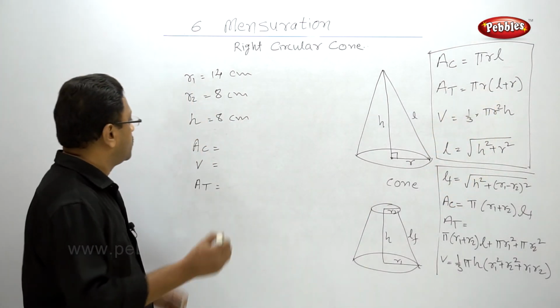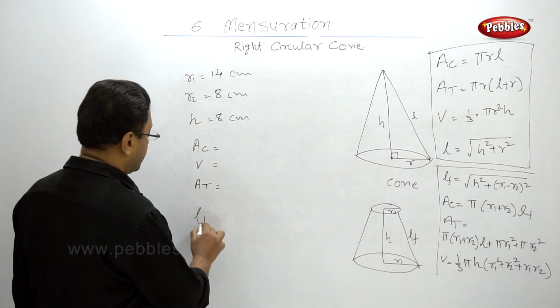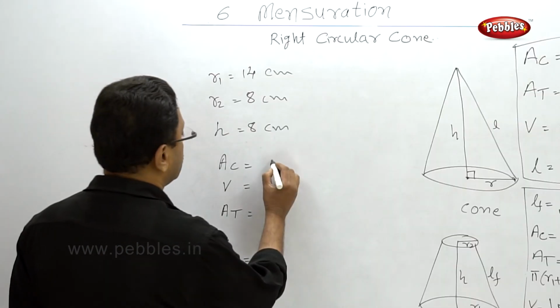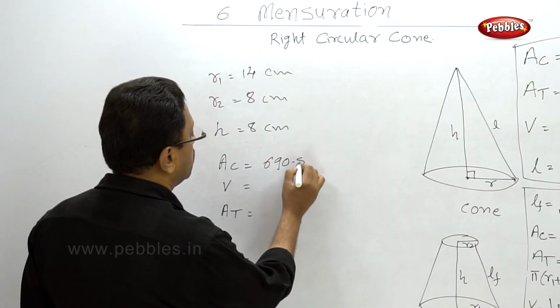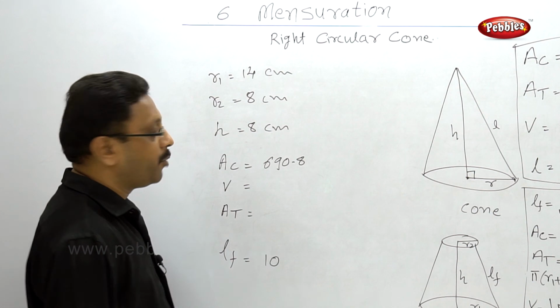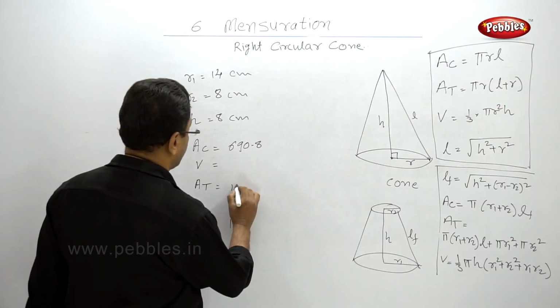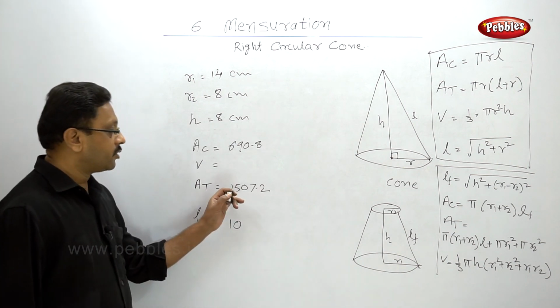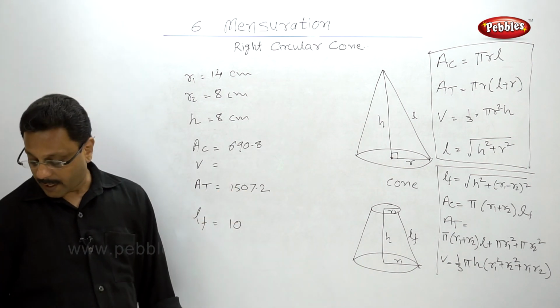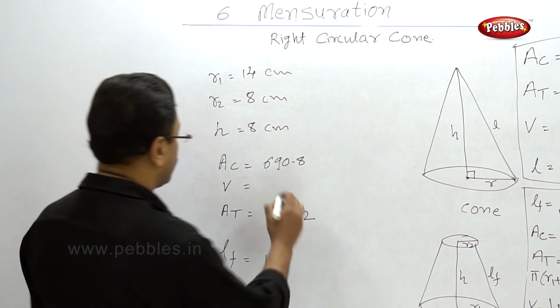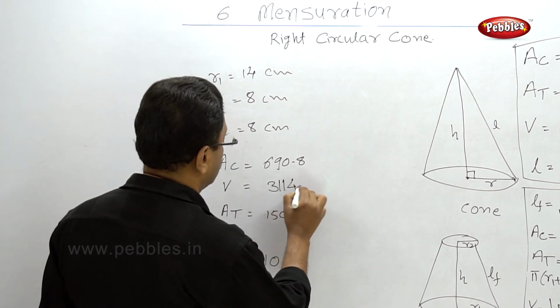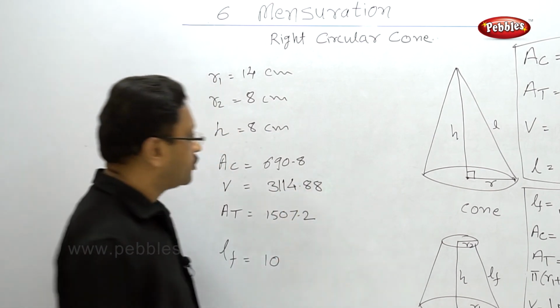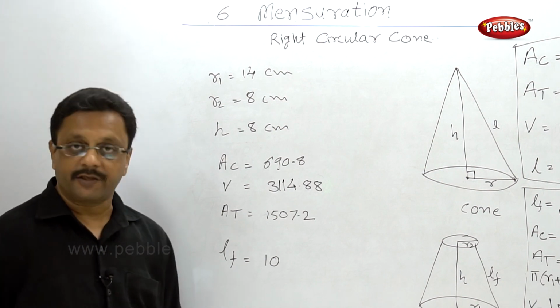Now in this case, the slant height is 10, curved surface area is 690.8, total surface area is 1507.2, and volume is 3114.88.